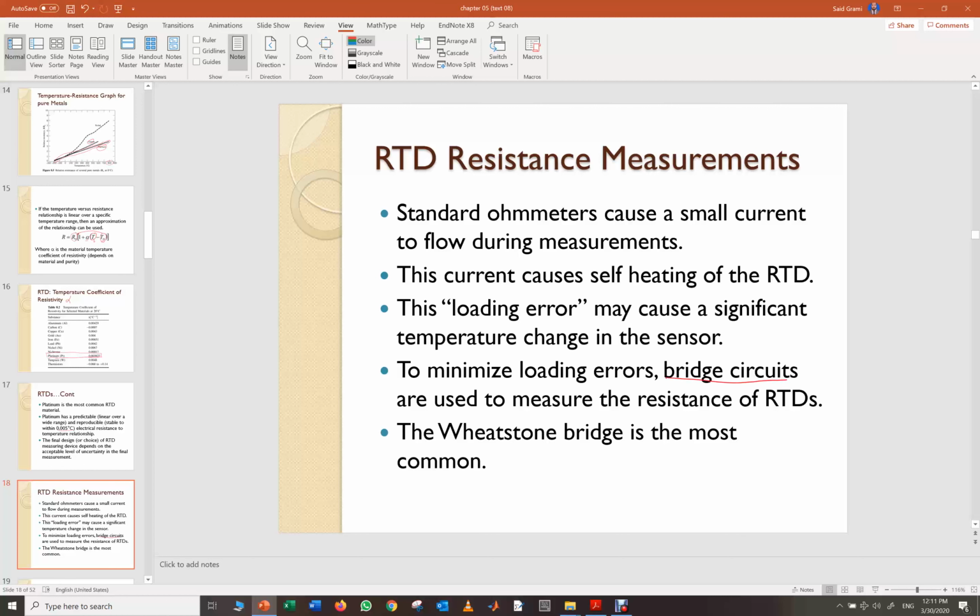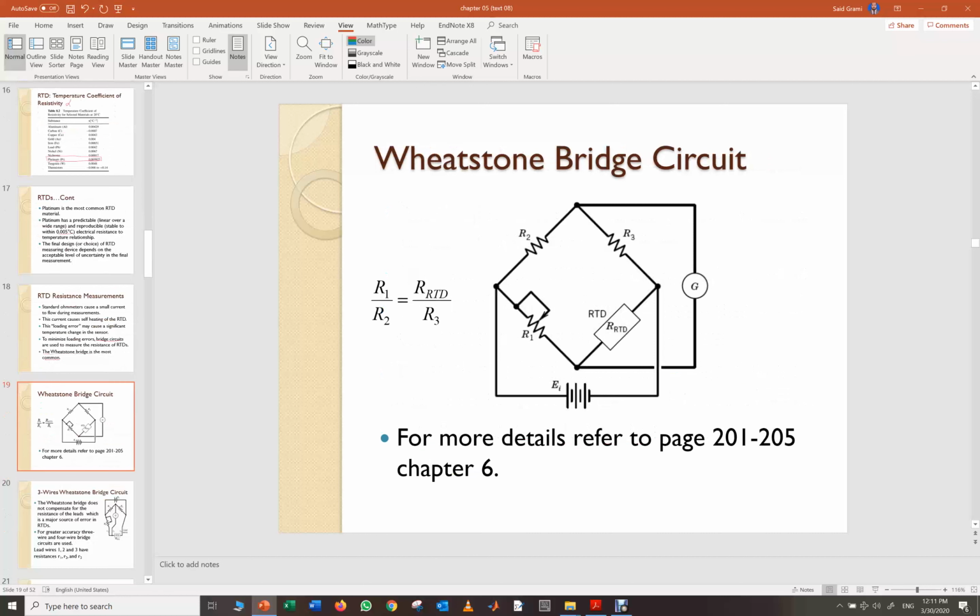The Wheatstone bridge is the most common one used for RTD. So this is the Wheatstone bridge circuit. It is composed of different resistances. We have R2, we have R3, we have the RTD resistance here, and we have a variable resistance R1. And we use a galvanometer to measure the current flowing in the circuit.